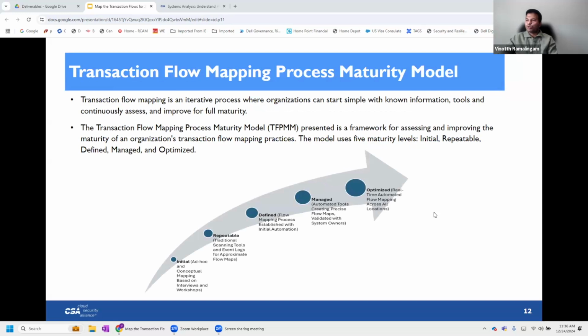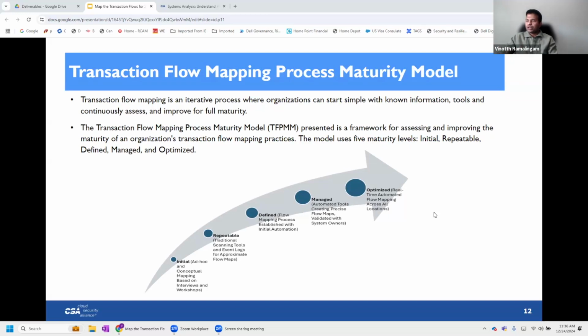And then here we talk about the process maturity, right? We do not expect all our organizations to be at the optimized stage. So for the process maturity, we took the framework based on the NASDAQ report: initial, repeatable, defined, managed, and optimized. Start simple, maybe start with something initial with what they have, and then make the process more repeatable.